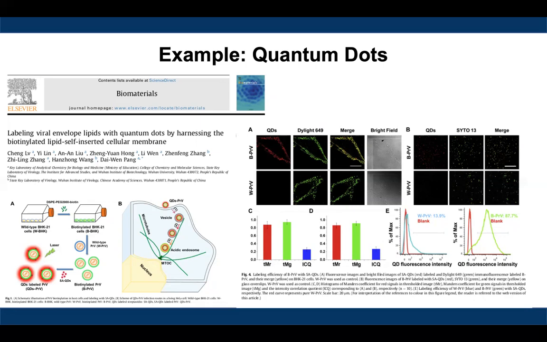So in this work here, taking pseudorabies virus as a model, a mild strategy to efficiently label viral envelope lipids with quantum dots is proposed by harnessing biotinylated lipids self-inserted into cellular membranes to monitor virus-cell interactions in real time.